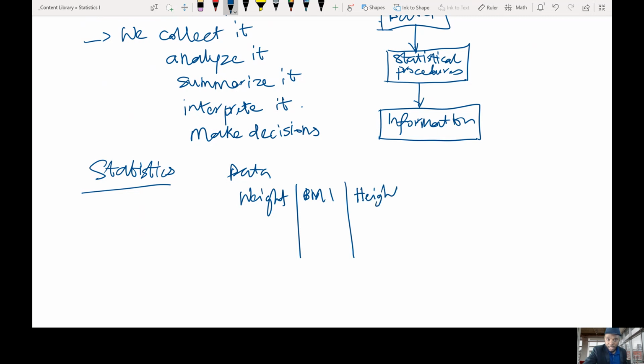Now each of these components, weight, BMI, height, are called variables. So right here I have three variables that I want to collect. Now I can collect from person 1, person 2, person 3, and so on and so forth.